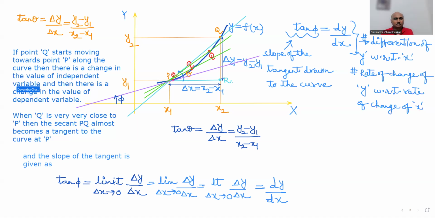What is this circus all about? This is nothing but what is differentiation? So here comes the definition of differentiation.